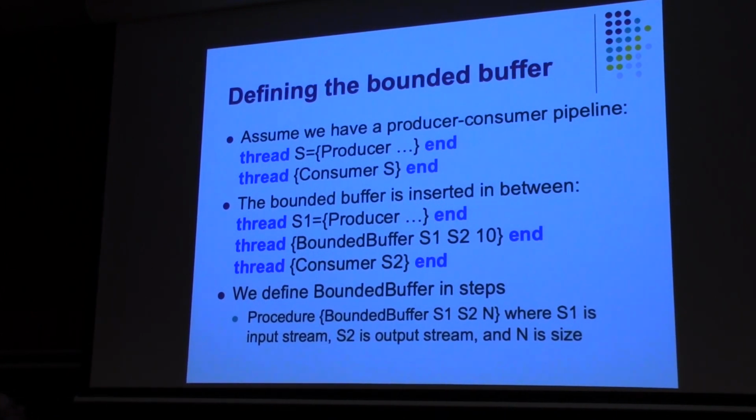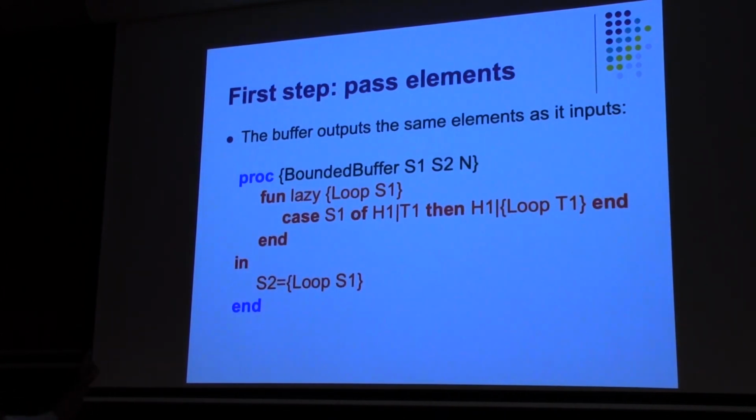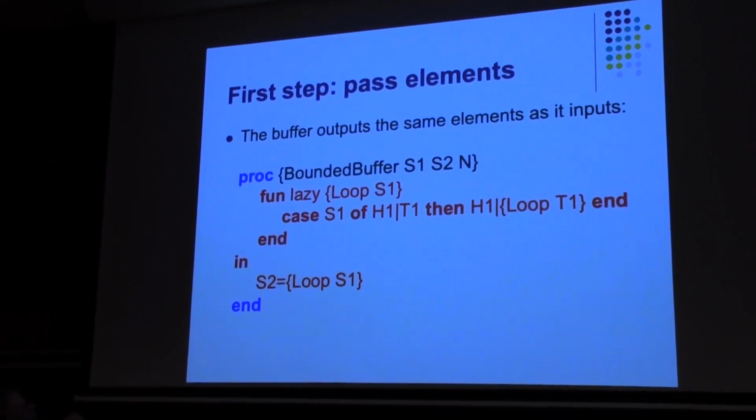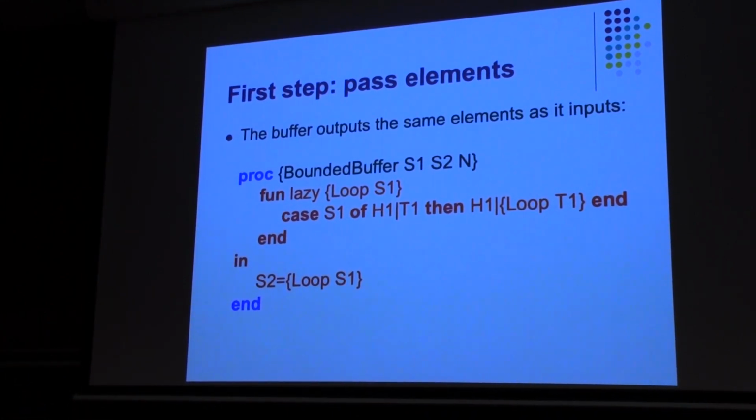So we will write the bounded buffer, and I did it in 4 steps. I will just go very briefly, but then I want to show you the execution, how it works. Okay? So it's a procedure with 3 arguments: input stream S1, output stream S2, and n, which is the size. How many elements? It's a bounded buffer.